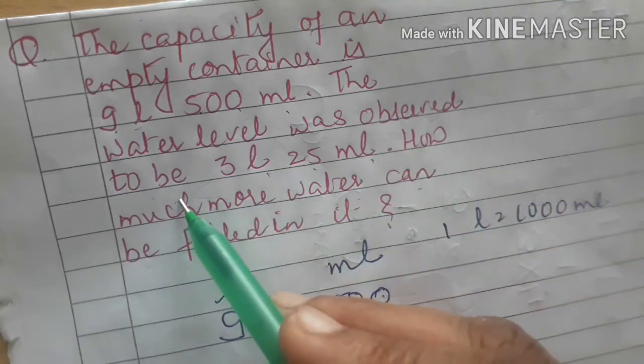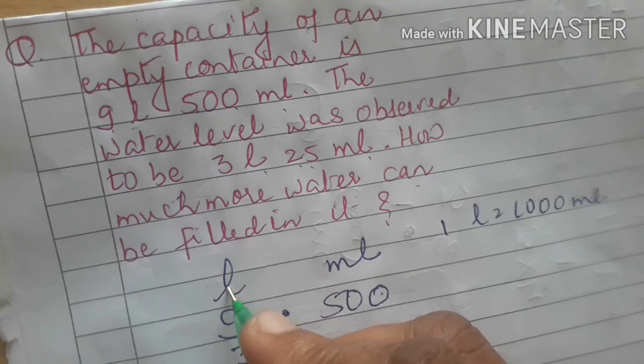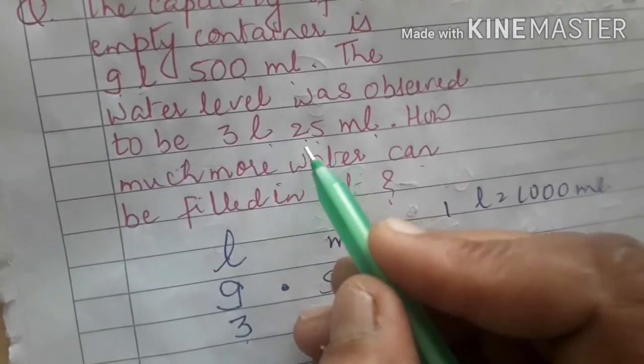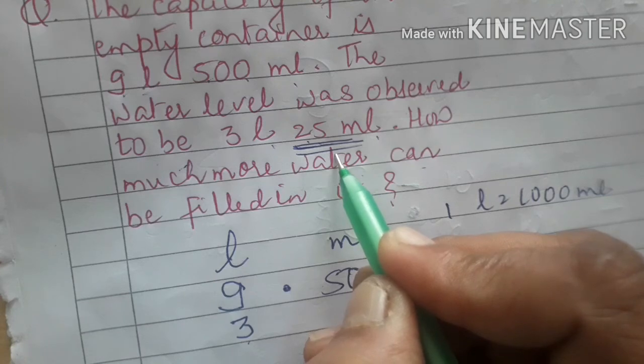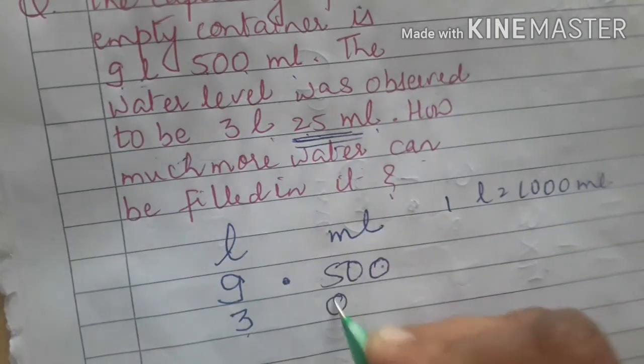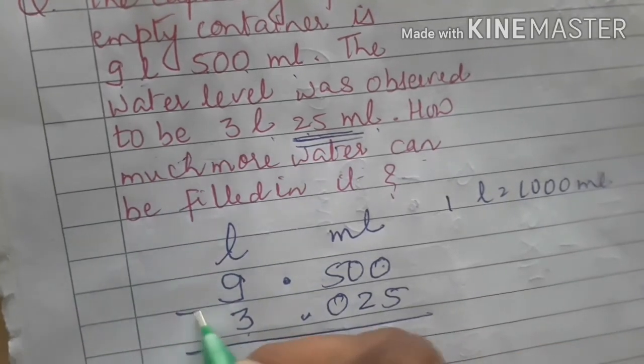And this much water was already there. So 3 liters in the liters column, and then here this is 25 milliliters. So 25 I have to express in 3 digits. How? It will be 0, 2 and 5, and then you may subtract.